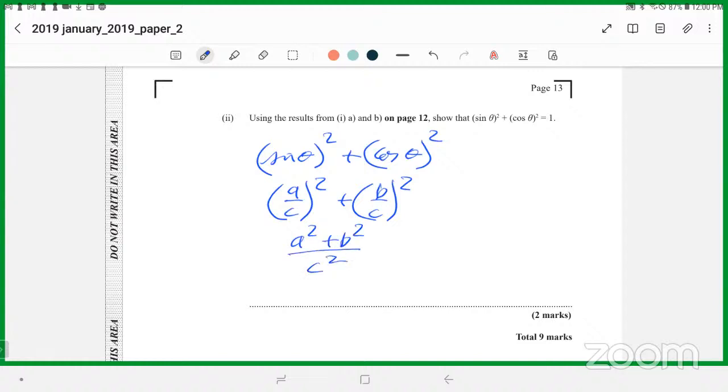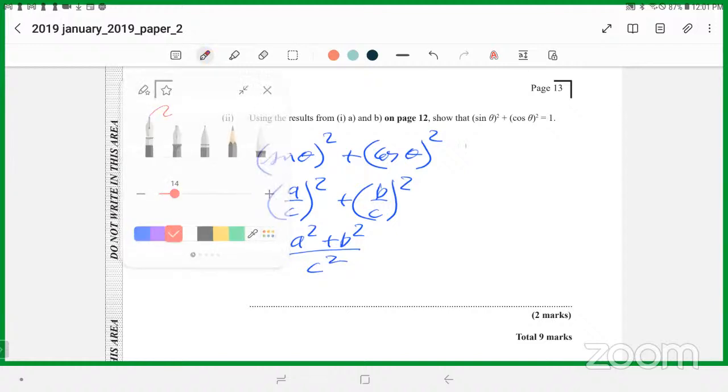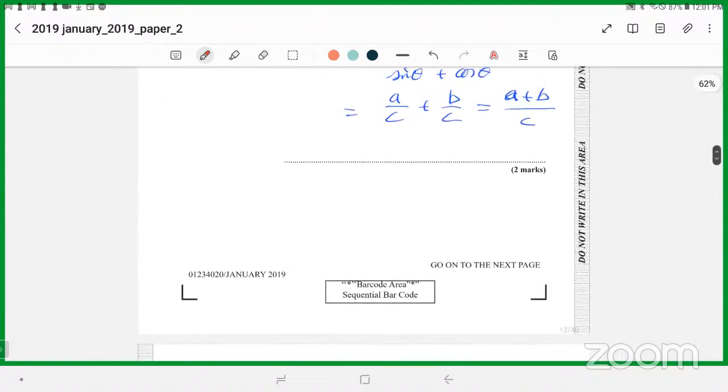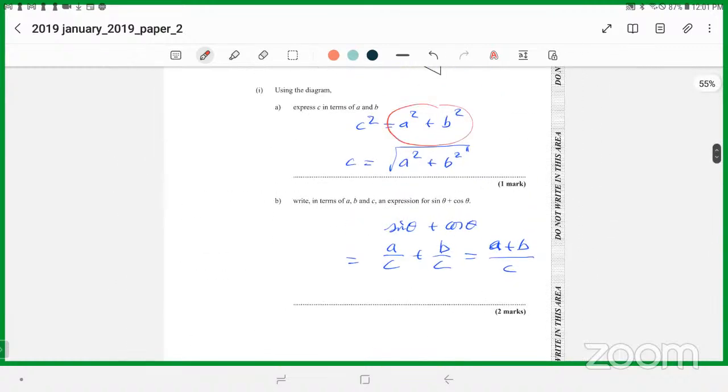But remember that in part 1, this thing up here was equal to C squared. In part 1, the C squared was equal to A squared plus B squared. In part 1, right here.